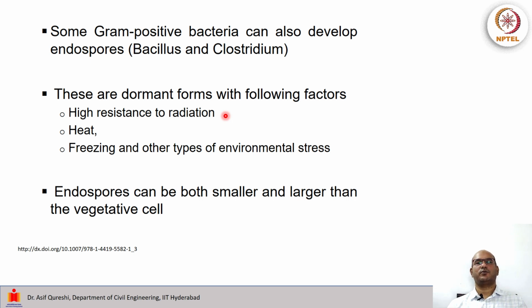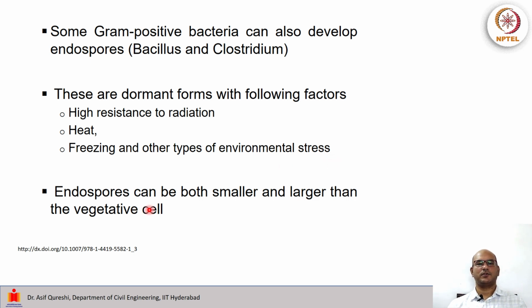So we may need to increase the lamp power or change the radiation wavelength. These forms may also be resistant to heat, to freezing, and to other types of environmental stresses. So these would become very persistent bacteria, very difficult to destroy by radiation, heat, freezing, and other environmental stresses.